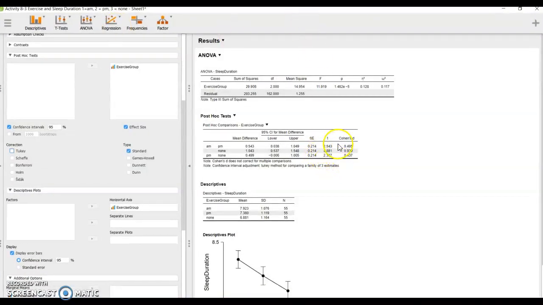I'm looking in JASP. So now we know that this first comparison, the t with 2.54, had a p of 0.01. Which means that the difference between the AM and PM exercises is unlikely to be due to sampling error. Our next p was less than 0.0001, and so the difference between AM and no exercises is unlikely to be due to sampling error.